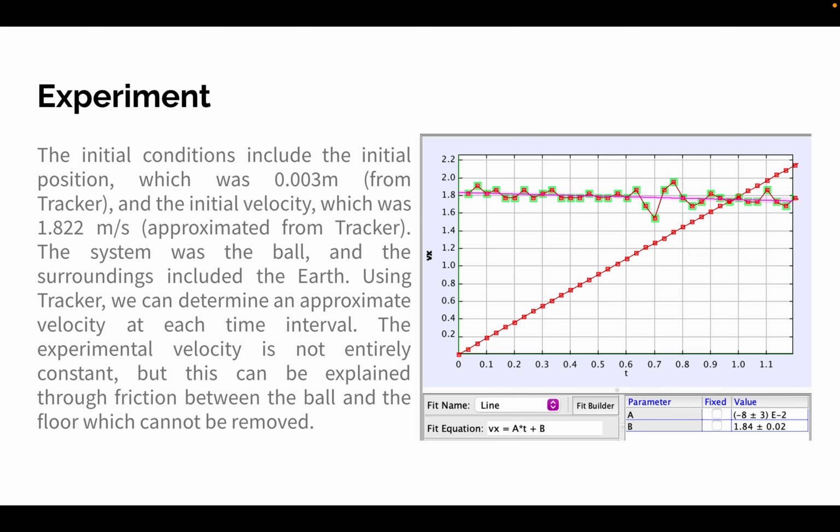The experimental velocity is not entirely constant, but this can be explained through friction between the ball and the floor, which cannot be removed. If you can see in this picture, the velocity is shown in green here, so it is not constant and it is sloping downwards slightly. However, both of those can be determined or explained through Tracker using errors and also friction.